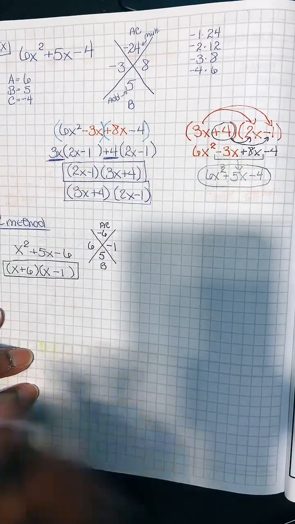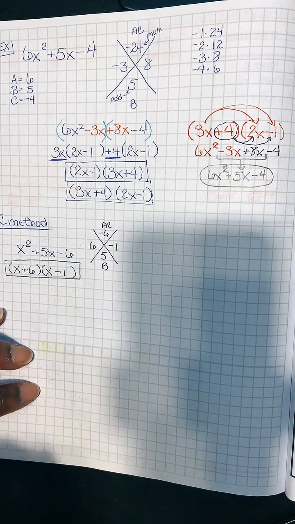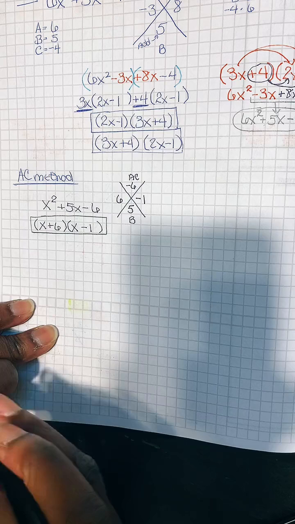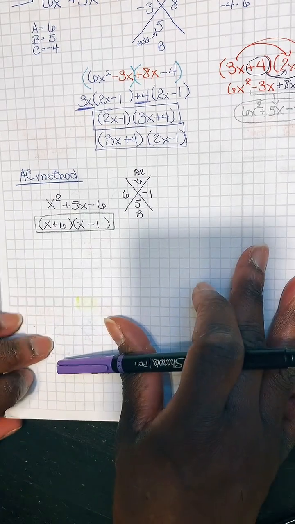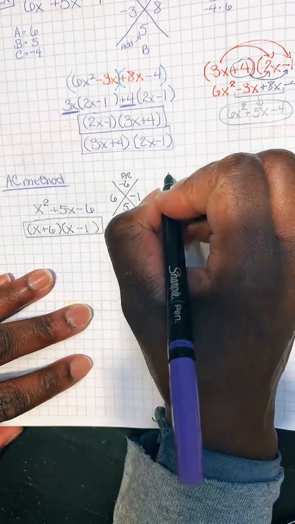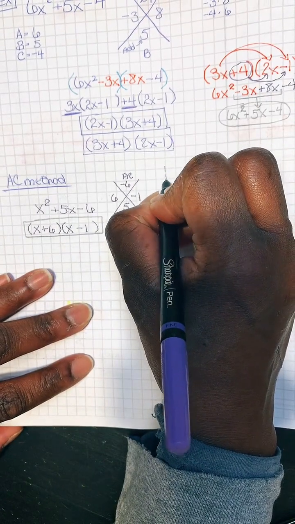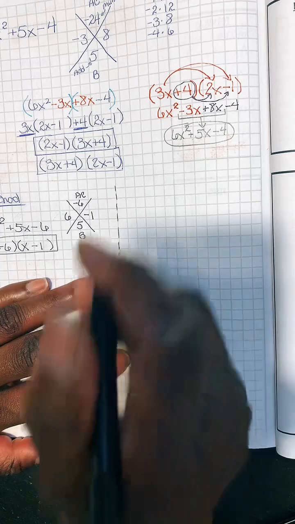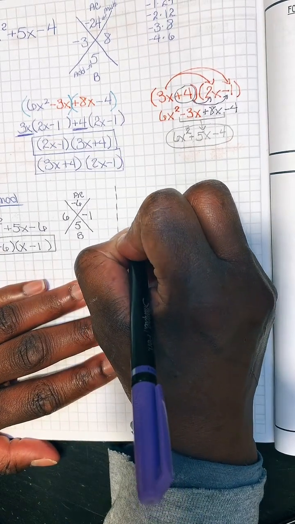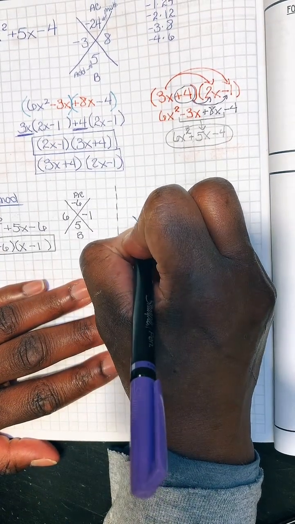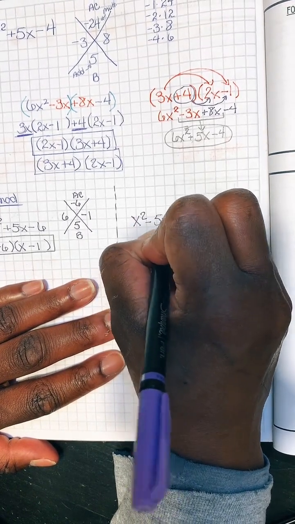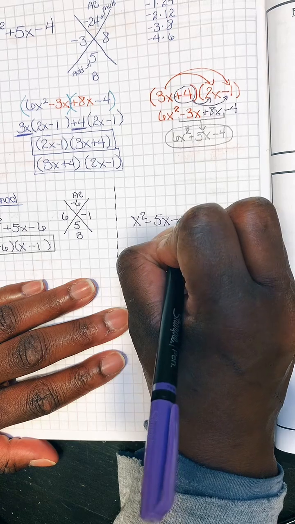All right, so that was the first one that we did. Then the next one we did was x squared minus 5x minus 24.